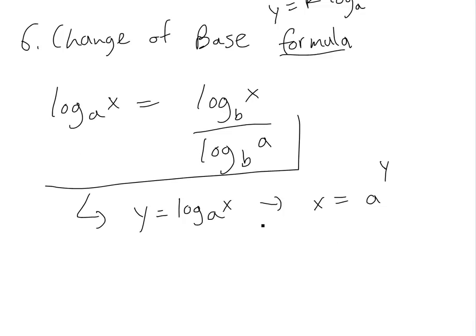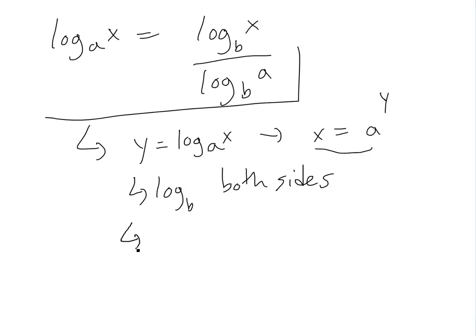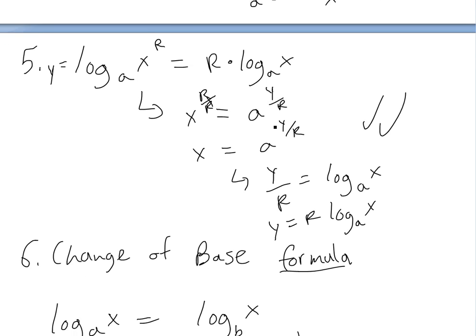Now we take log base b of both sides. You can do this because these are both equal. So we get log_b of x equals log_b of a to the y. And if we scroll up to the previous proof, the y just comes down.